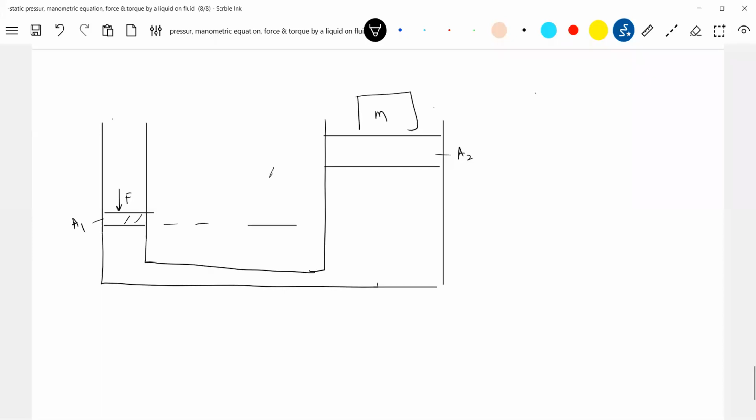This is the difference. There's a heavy block. Can I balance that heavy block using this?